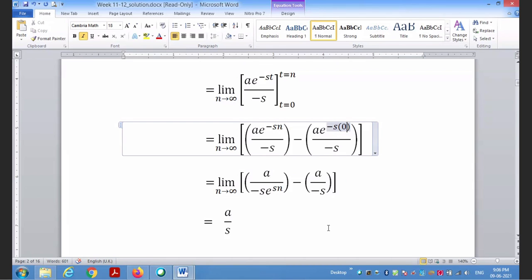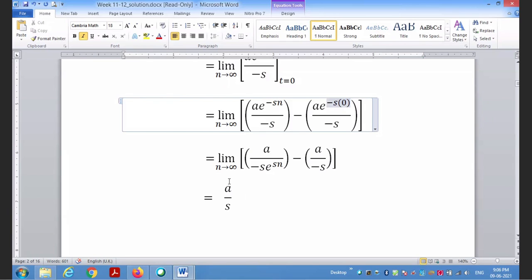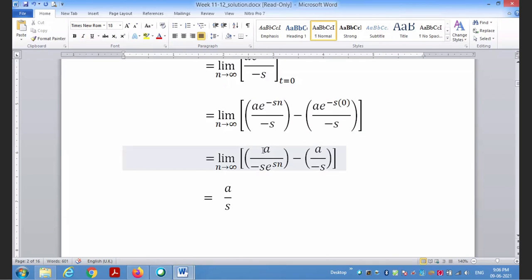Okay, so now you have a limit as n goes to infinity, a over minus s times e power of sn, minus a over minus s. Now as n goes to infinity, this term will go to 0. Why?